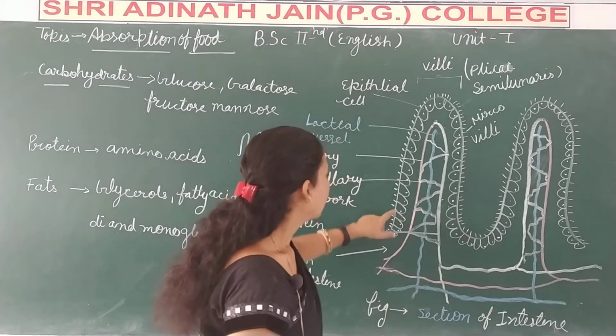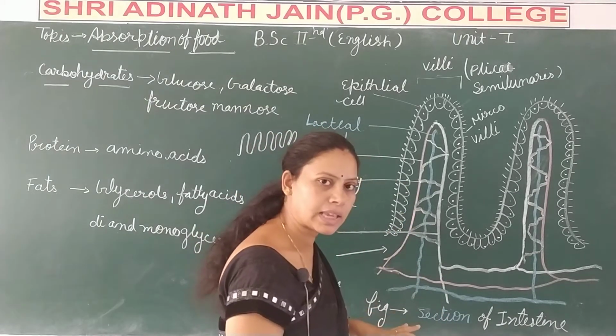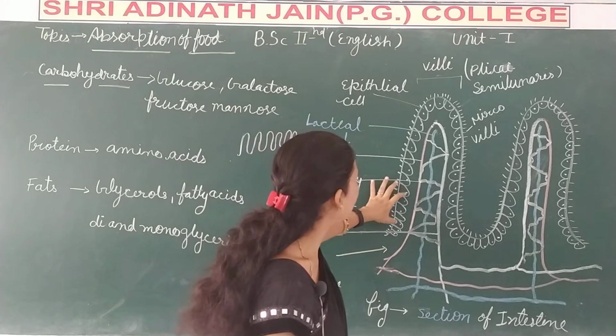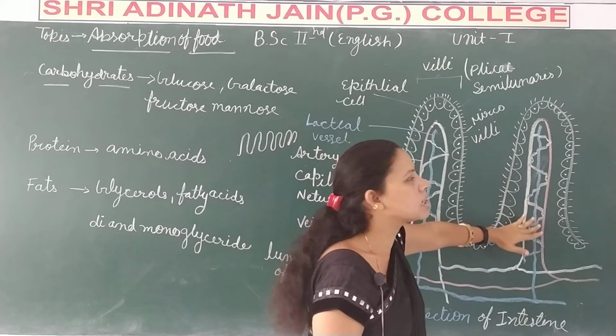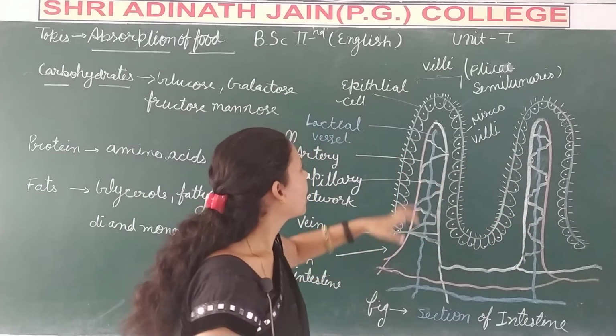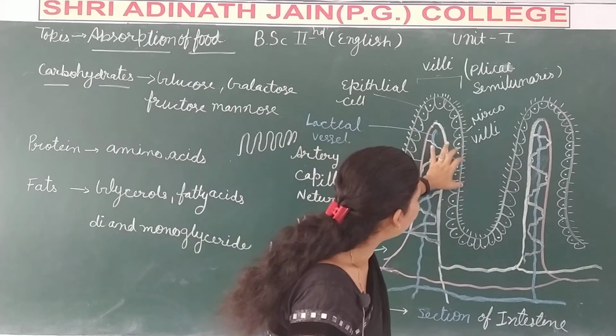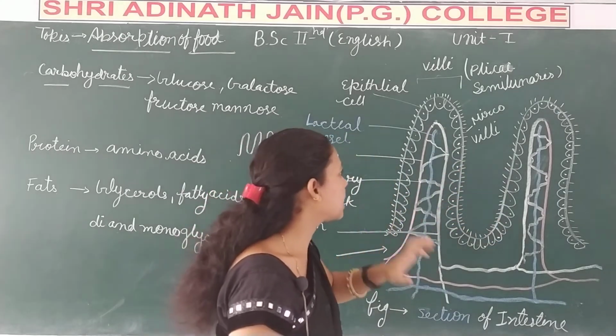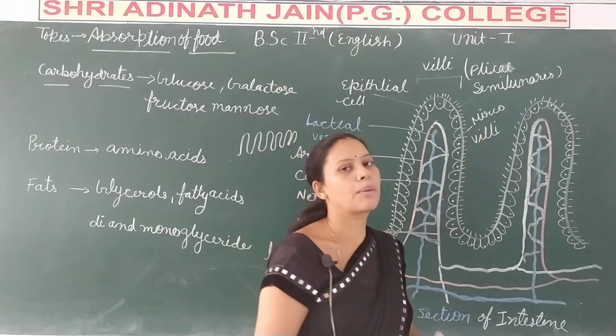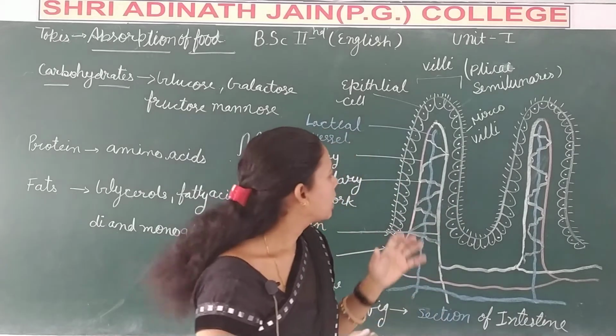Okay, so these are the epithelial cells. On the upper side of these epithelial cells are the foldings, the villi, and on the upper side of the villi the hairy structures are present, known as microvilli.